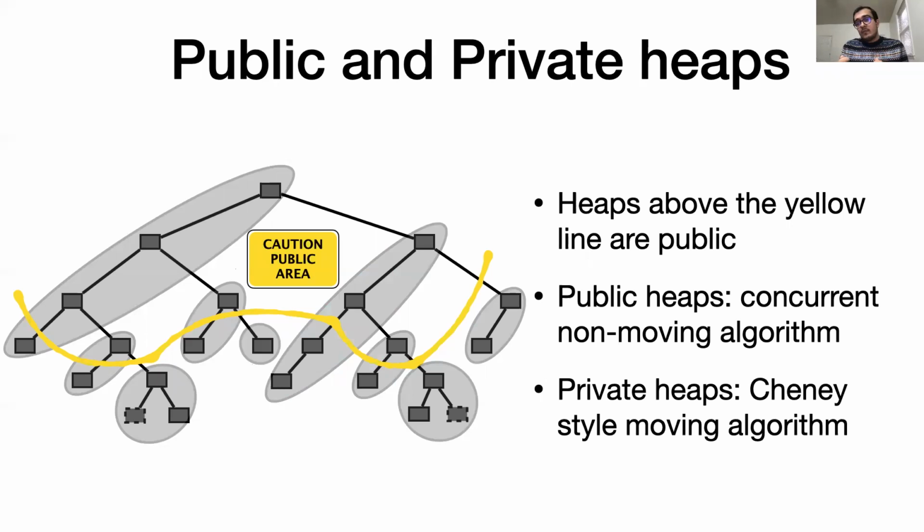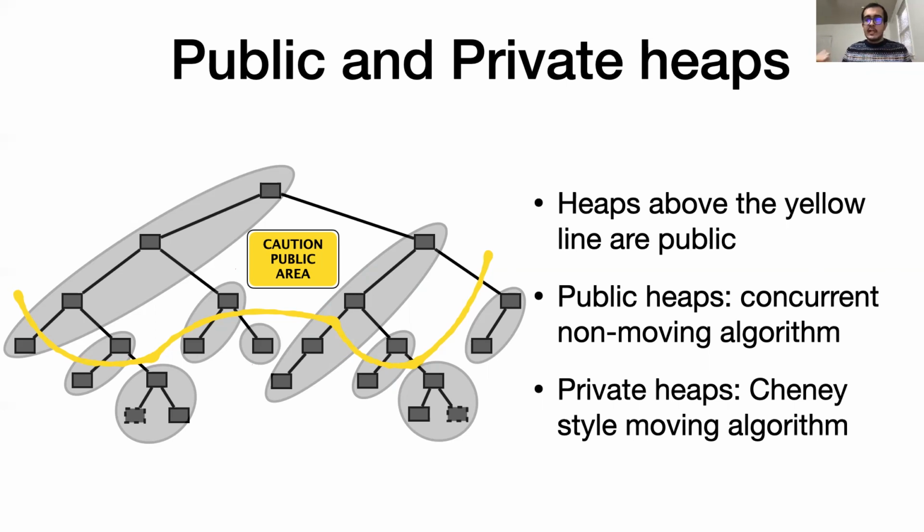Therefore, because different bubbles are assigned to different processors, the data in a public heap is accessible by multiple processors simultaneously. So we need to be more careful when we are collecting these heaps. We use a concurrent non-moving algorithm for collecting public heaps. And these are the heaps for which the heap closures and remembered sets are used primarily.